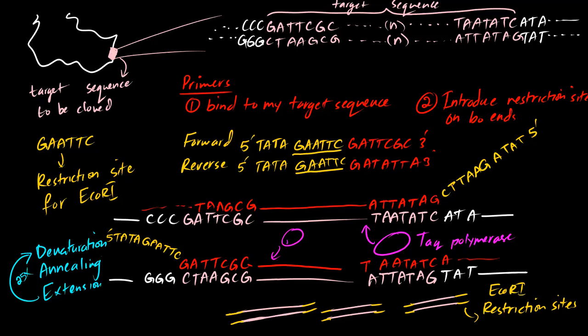Here we have billions or millions of copies of the amplified target sequence, and they have restriction sites on both ends.